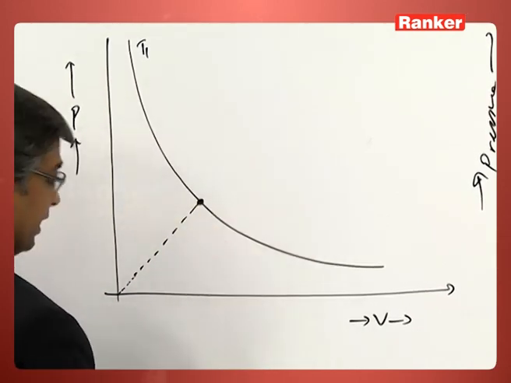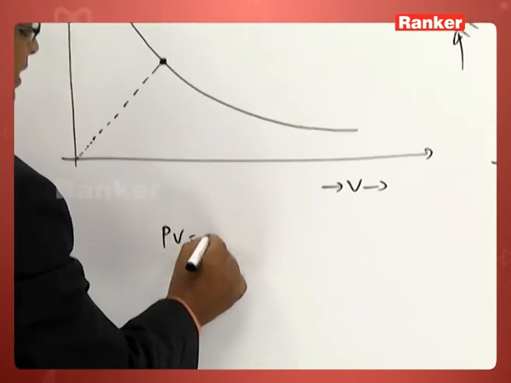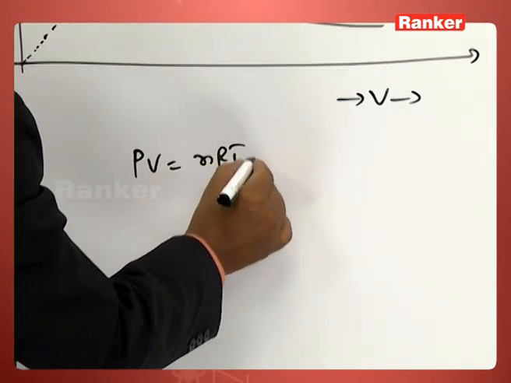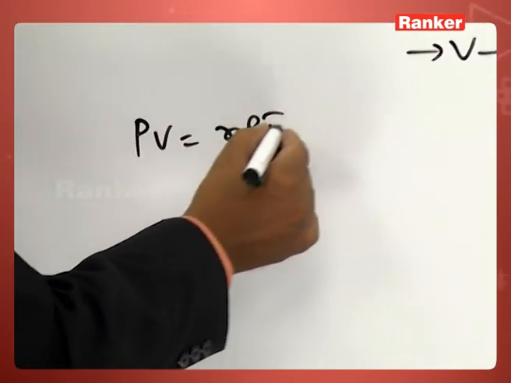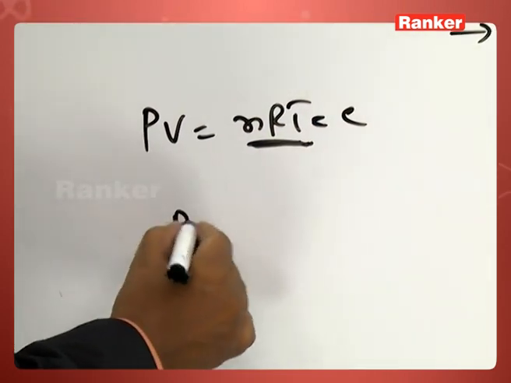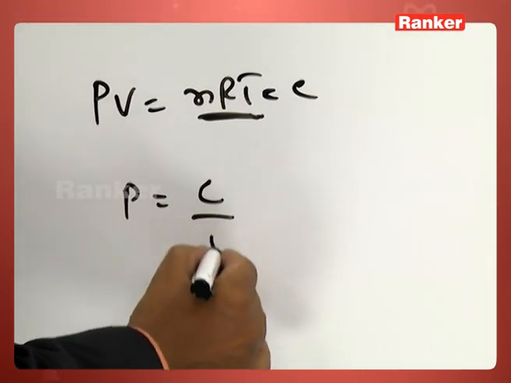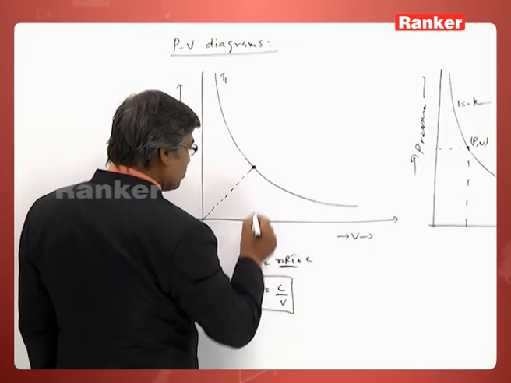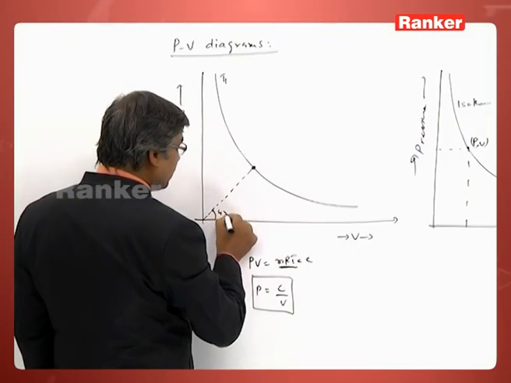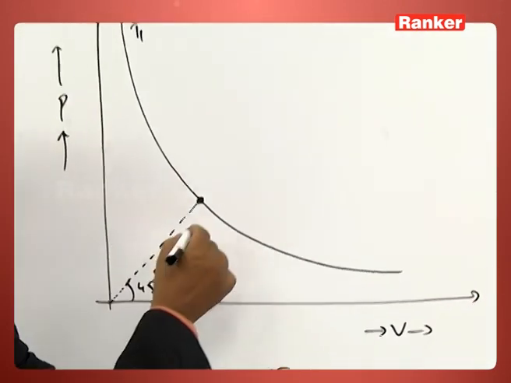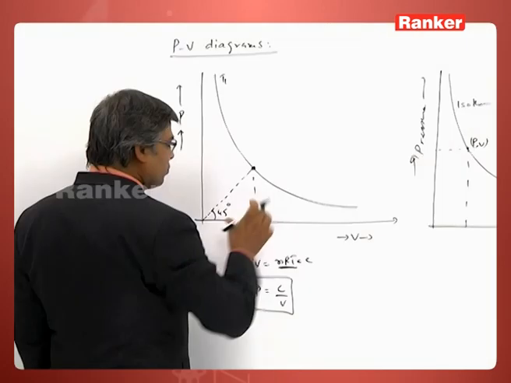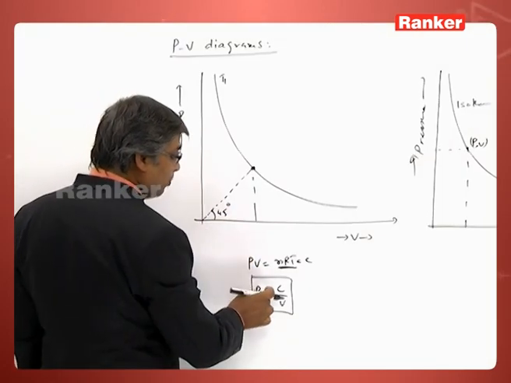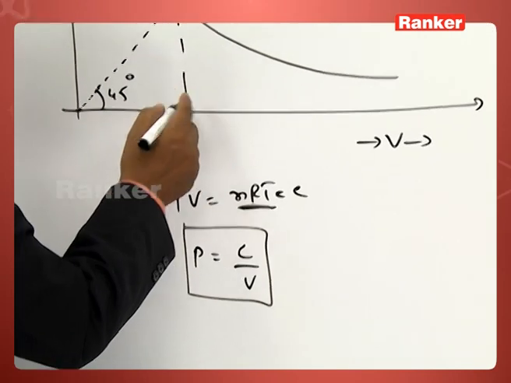PV is equal to nRT, that term is constant. Let us call this C. So P is equal to C by V. At this point, on the 45-degree line, the magnitude of pressure and volume is the same.